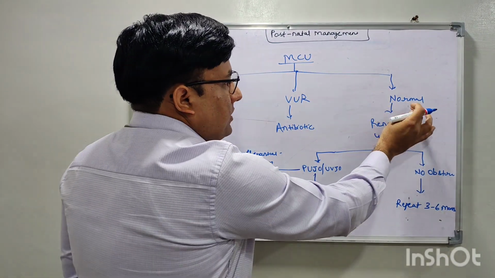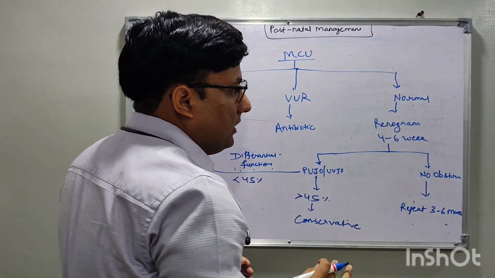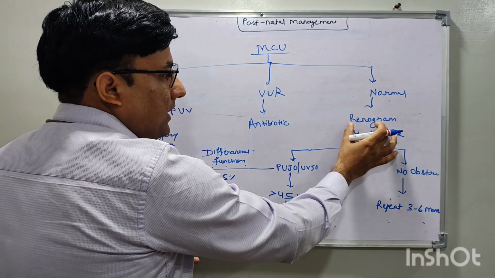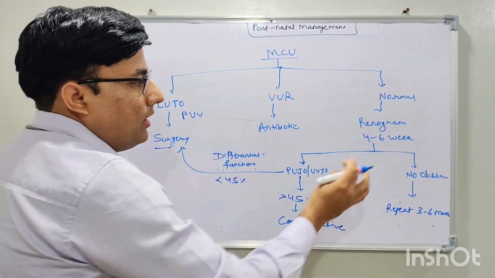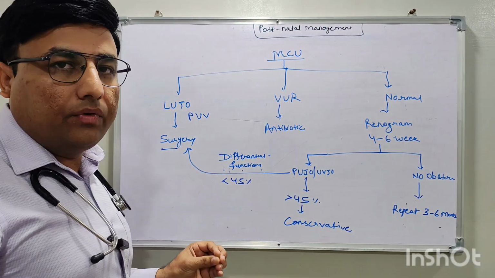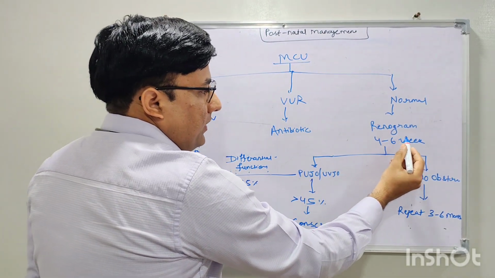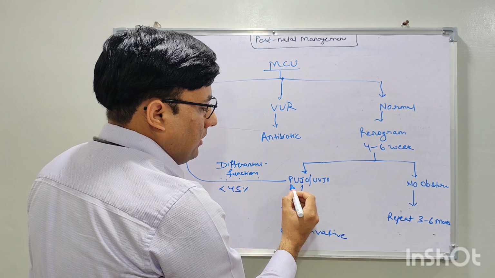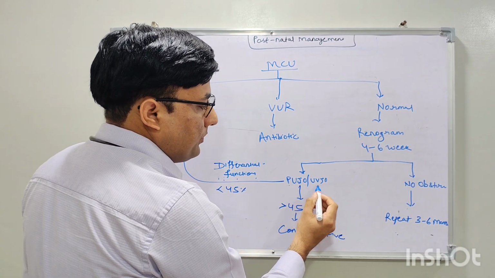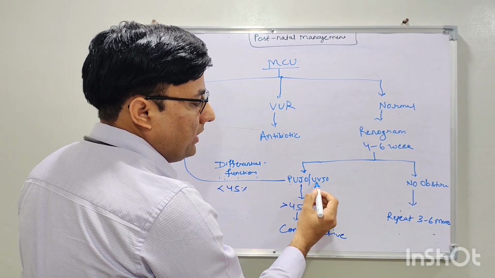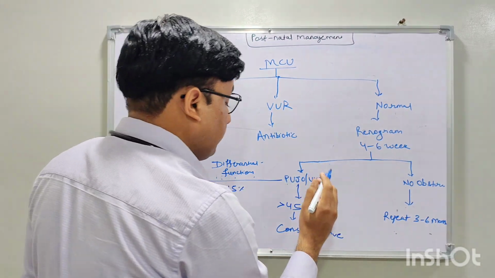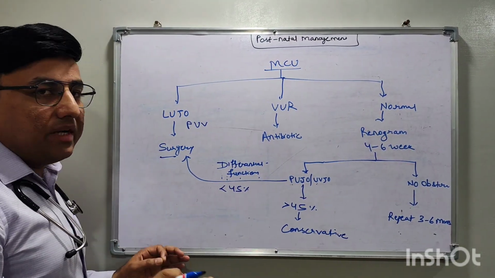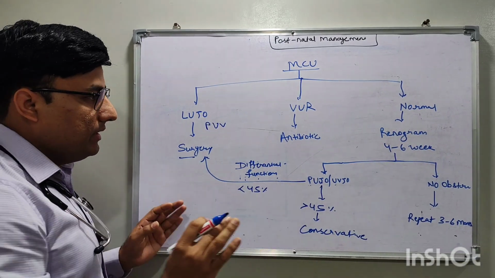But if MCU is completely normal, then we have to plan radionuclear scanning of the kidneys, called renogram, at 4 to 6 weeks of age. If the renogram is suggestive of obstruction like pelvic-ureteric junction obstruction, PUJ obstruction, or ureterovesical junction obstruction, then we have to see the differential function of the kidneys in the renogram.